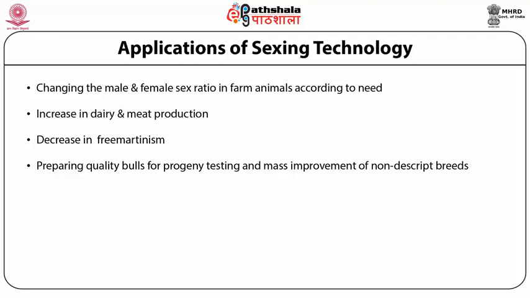In addition, this technique can be used for preservation of rare breeds of farm animals. So the breeds which are less in number and which have high productivity can be preserved for the future.